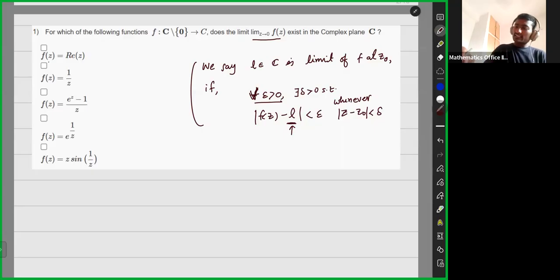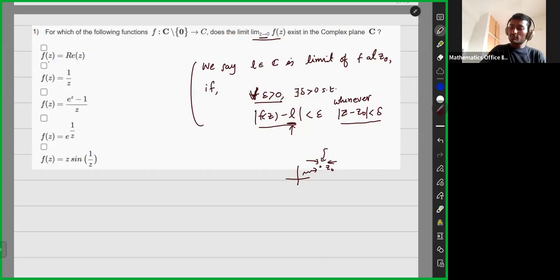Okay. So in this case, z is approaching z naught, then f of z is approaching L. In the complex plane, if you have some z naught, there are many ways to approach it, from left, right, or whatever direction. But we need to check at zero.